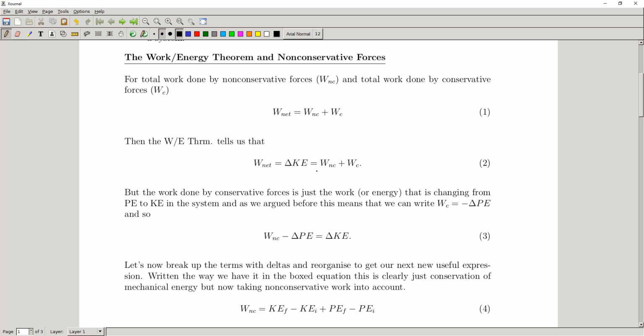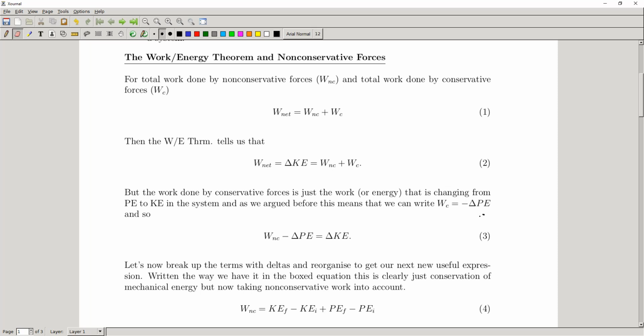This thing is accelerating as it falls towards the ground, or vice versa, we're lifting this thing up through a gravitational field and storing potential energy in the system. So we argued how this conservative work done is really just the change in our potential energy. We argued this in the last video, and we're going to make use of it here.